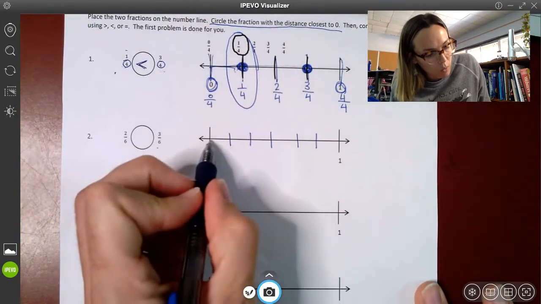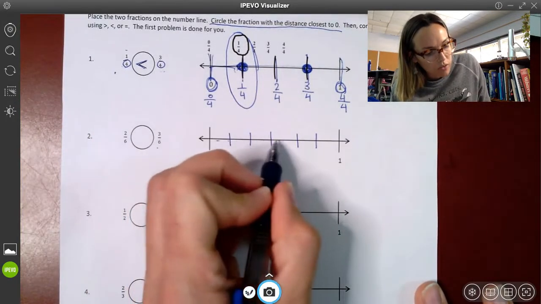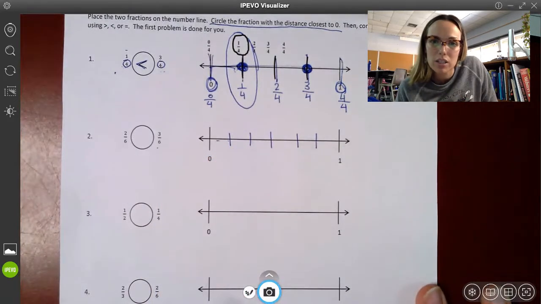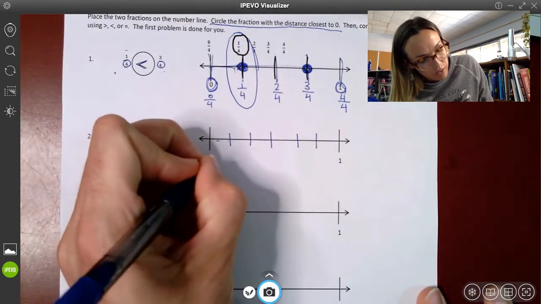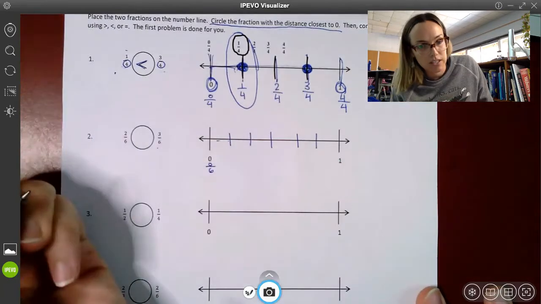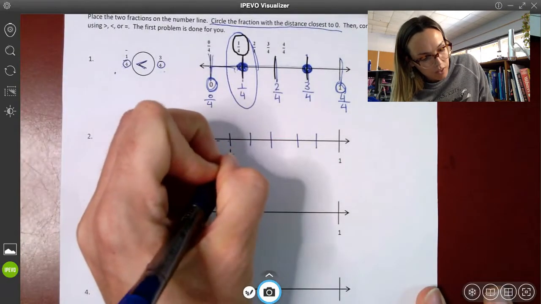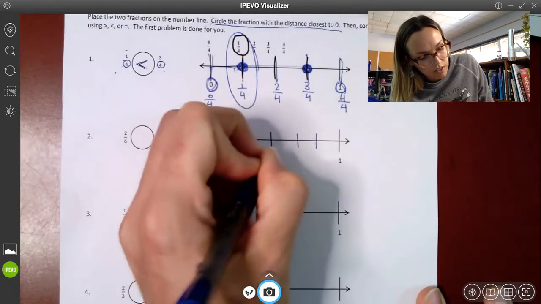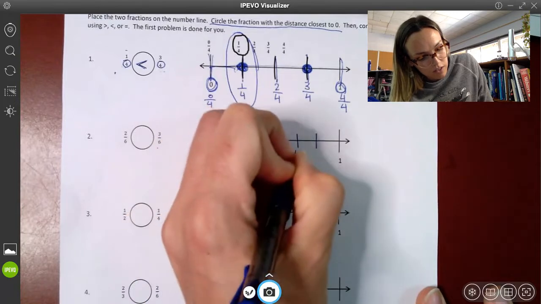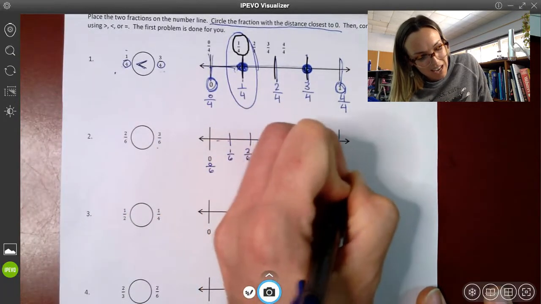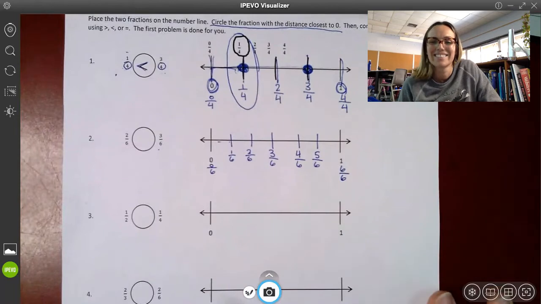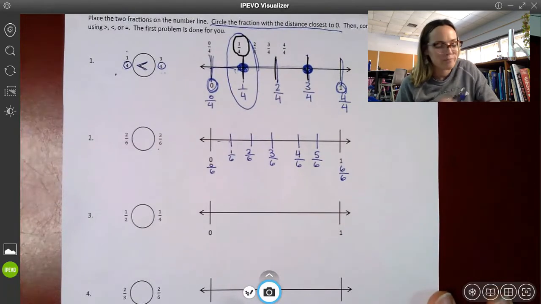Let's check. Is that 1, 2, 3, 4, 5, 6 equal parts? Yes. Let's also label, right? So here we have 0 sixths, 1 sixth, 2 sixths, 3 sixths, 4 sixths, 5 sixths, and 6 sixths lines up with our whole number 1.